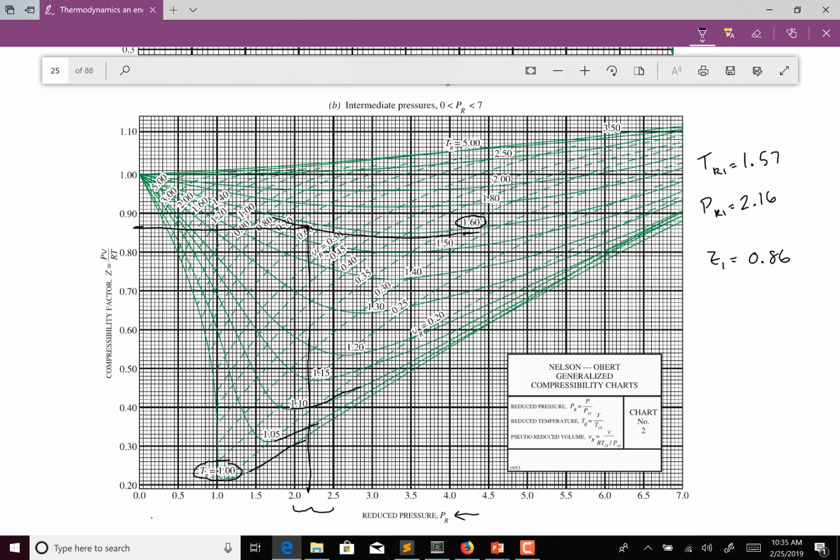0.86. We also want to get the reduced specific volume. The lines that are going like this are the reduced volumes. You can see reduced volume right here is 0.2. So let's look at where we're at.